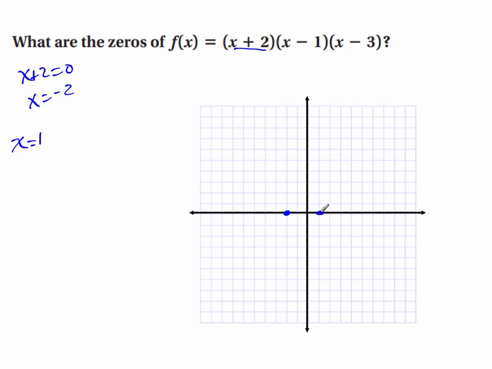And when x is 3, I have another zero. Now, I know this is a third order polynomial, so I know it's going to have behavior down and then up. So it turns out I can do a quick and dirty sketch.